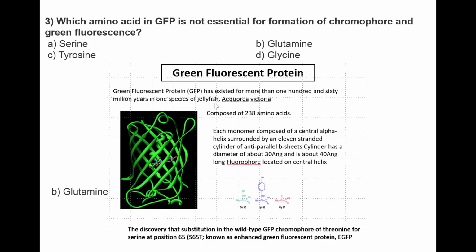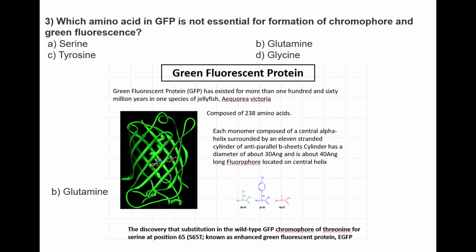Now, which amino acid in GFP is not essential for formation of the chromophore and green fluorescence? If you remember the GFP slide where we discussed why we have green fluorescent protein, there are three amino acids which are very important: serine 65, tyrosine 66, and glycine 67.